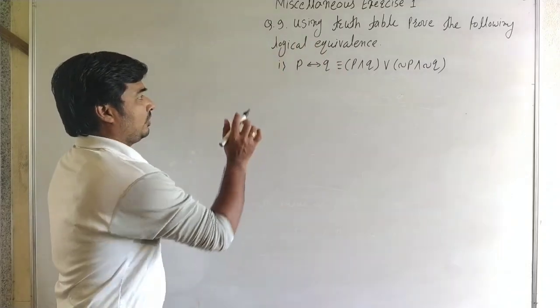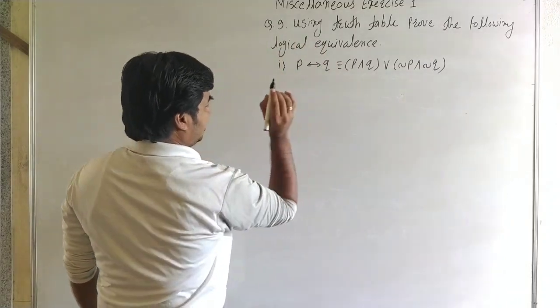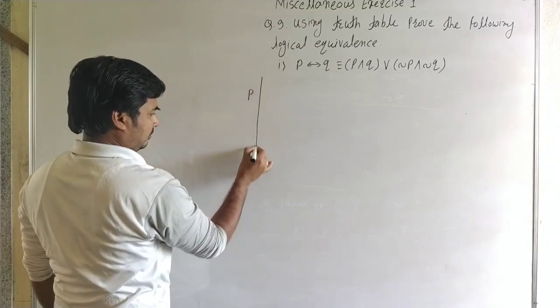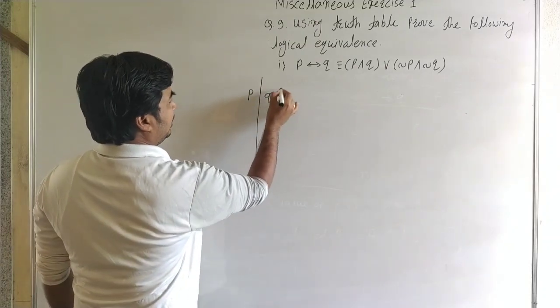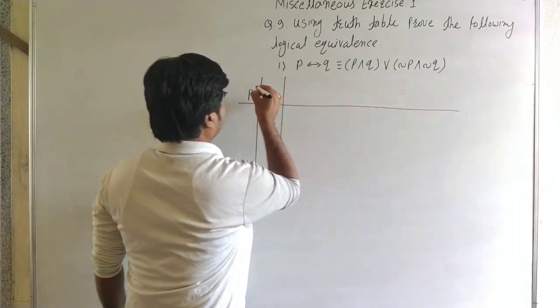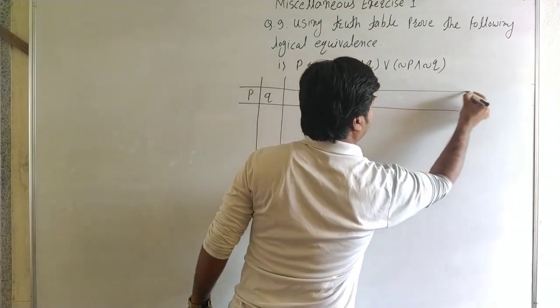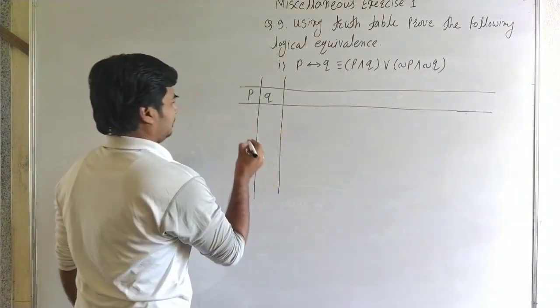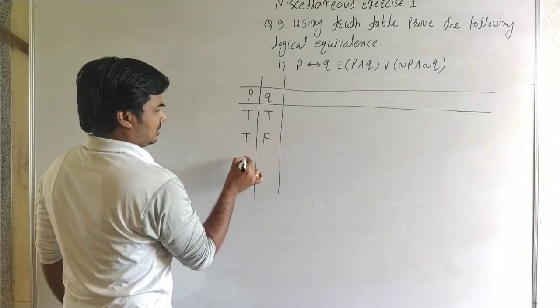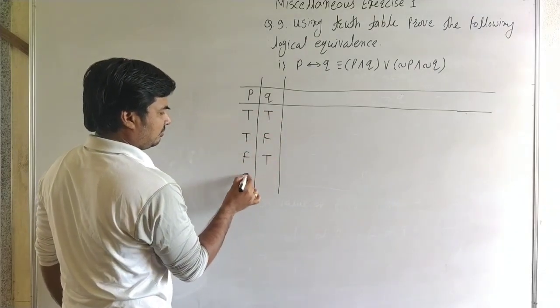Now here there are two statements, therefore four possibilities. You can write P, then Q: true true, true false, false true, and false false.